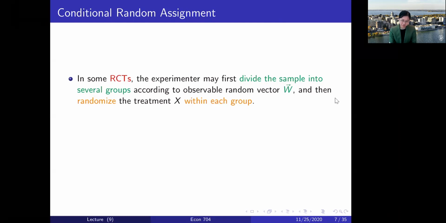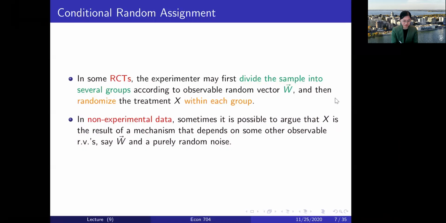However, conditional on W, within each group defined by the value of W, X is randomly assigned. So conditional random assignment is reasonable in such a situation, even though the unconditional random assignment is not reasonable. So that's one setting where conditional random assignment is a reasonable assumption.